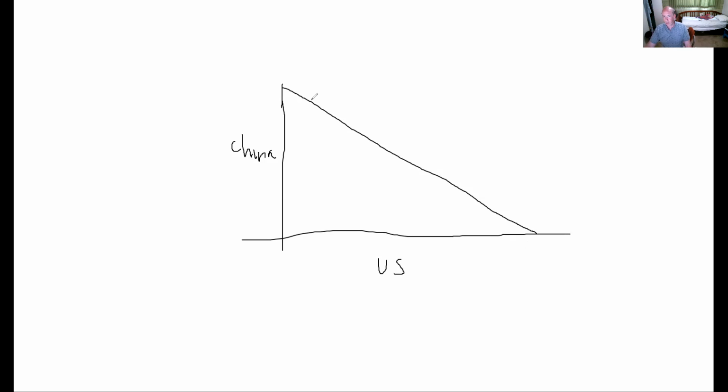This line here represents all of the possible points at which the maximum benefit is derived from this trade deal, okay? That's this line here. It's the maximum benefit all along this line. Any point on this line is an agreement that gives the maximum amount of benefit from this one particular trade deal.